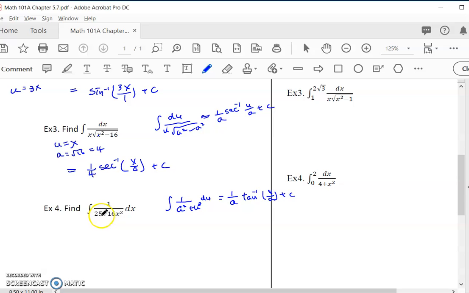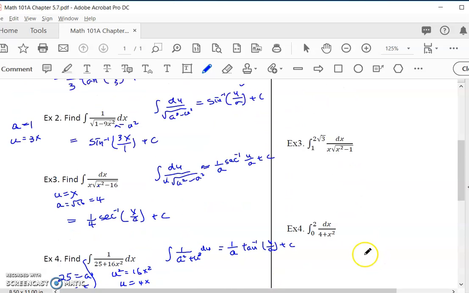Here 25 is a squared, so a is 5, and u squared is 16x squared, so u is 4x. That exactly matches, so this integral equals 1 over 5 arctangent of 4x over 5 plus c. You see it's not very difficult.